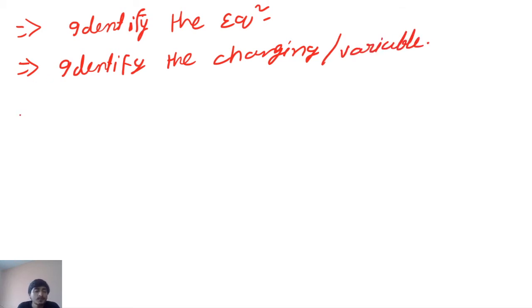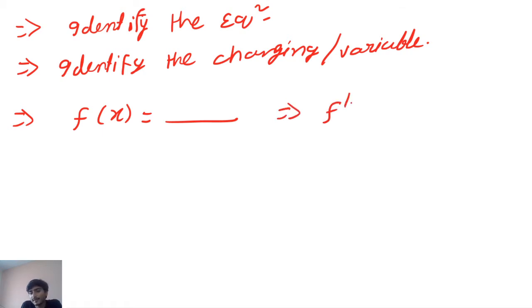Once you identify that, you need to identify the function. So assume the function of x as equal to something, so that we can find out f dash of x.